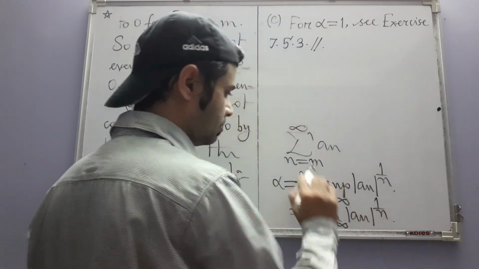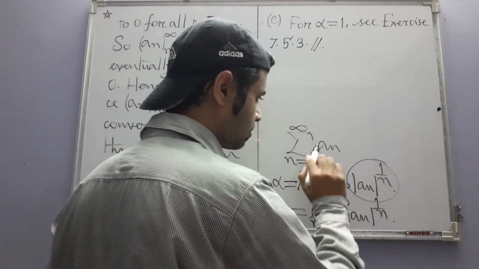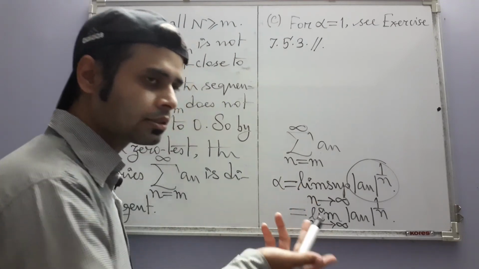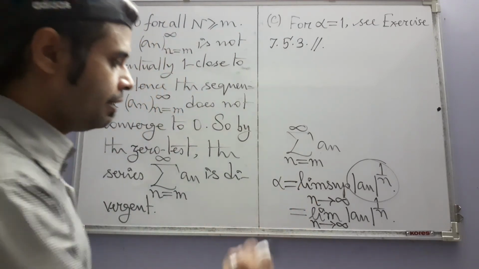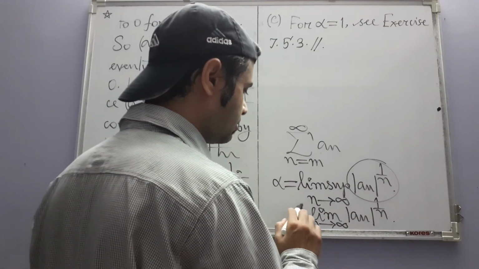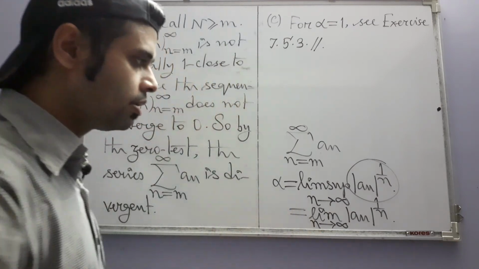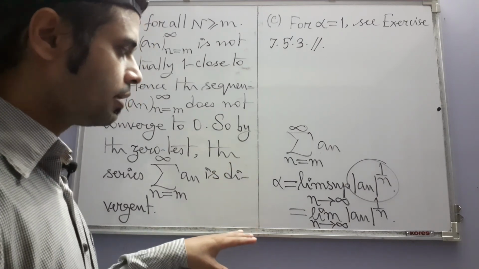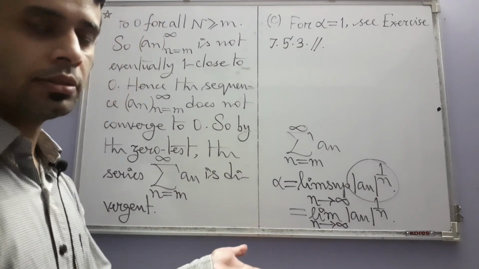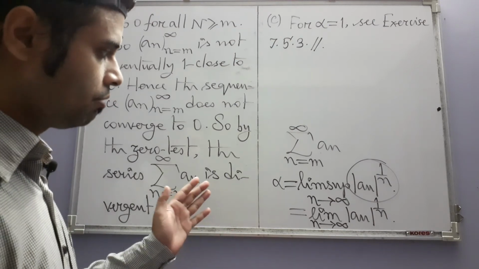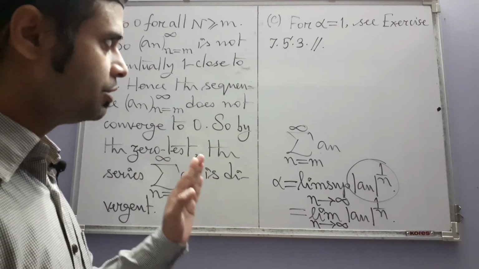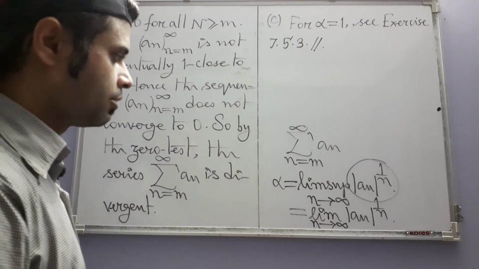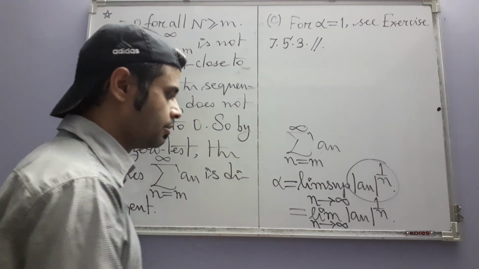So if your sequence for the given series is convergent, then instead of limit superior you can just use limit. If this limit is less than 1, then your series is absolutely convergent and hence also convergent. If it is greater than 1, then it is divergent. Whereas if it is equal to 1, then we will see that we actually cannot conclude anything.